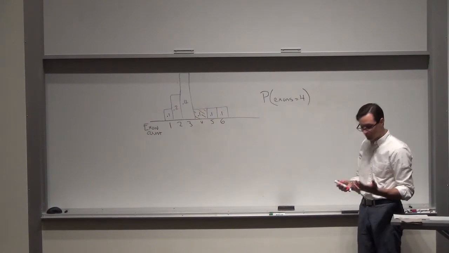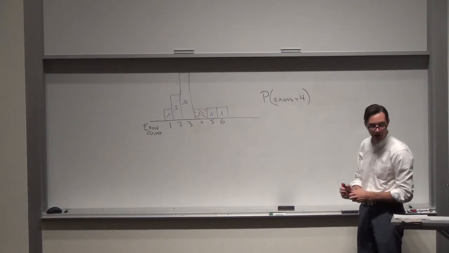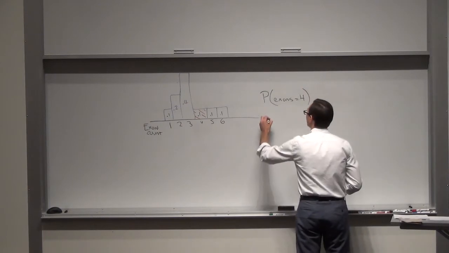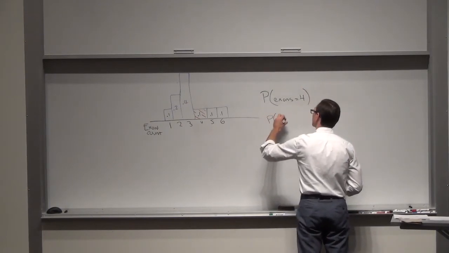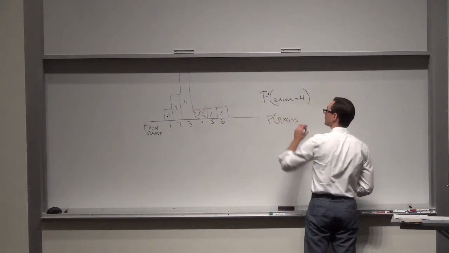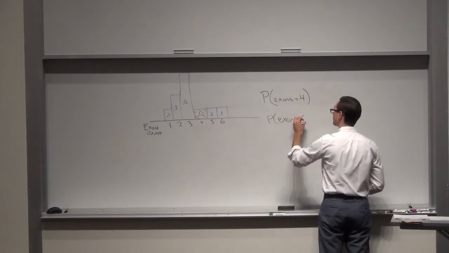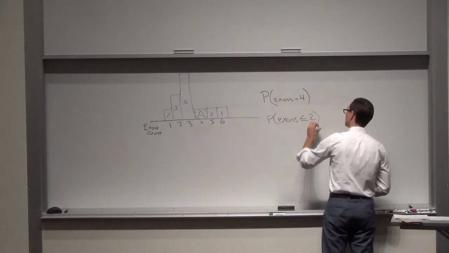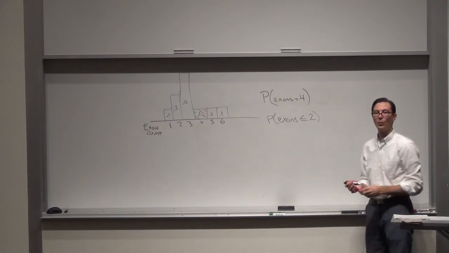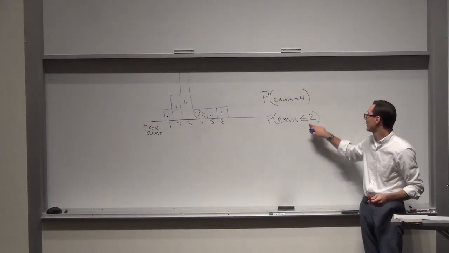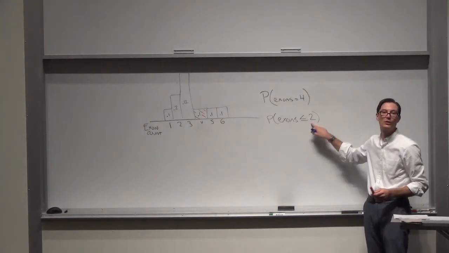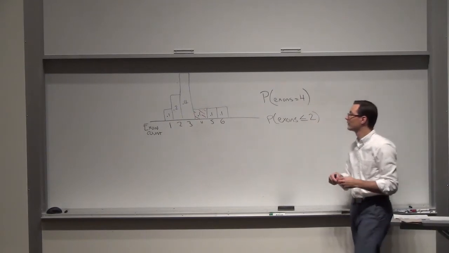We can also ask slightly more interesting questions. Okay, so what's the probability of the exon count being 2 or fewer? 0.3.